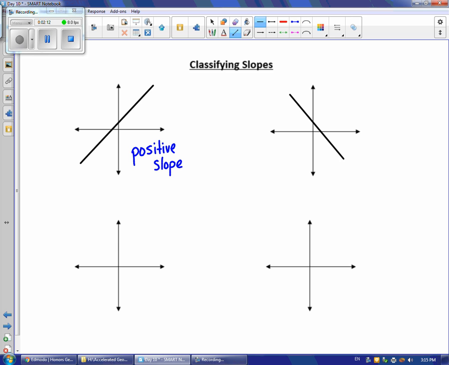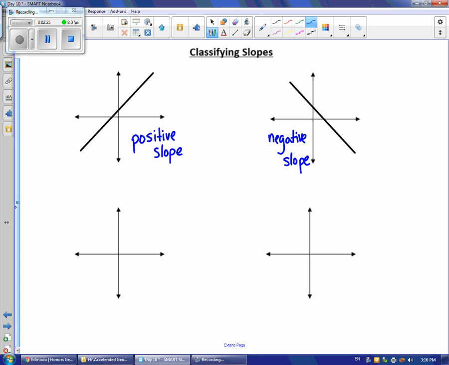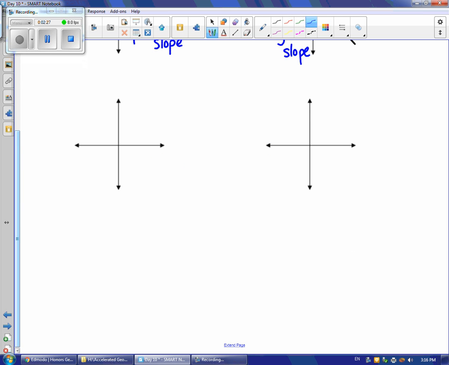So we have a negative downward trend from left to right. And the two others are the ones you don't see as often. They are having zero slope and an undefined slope.